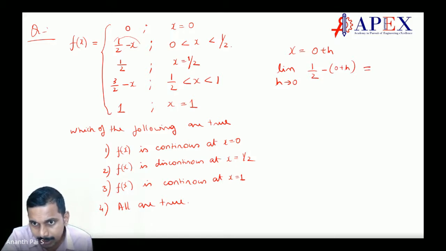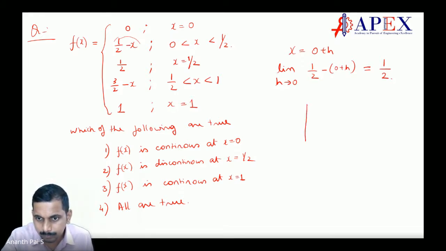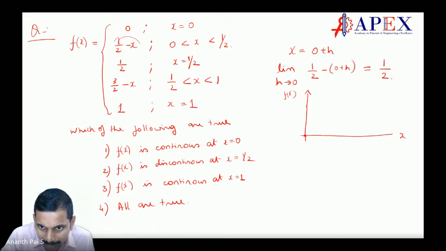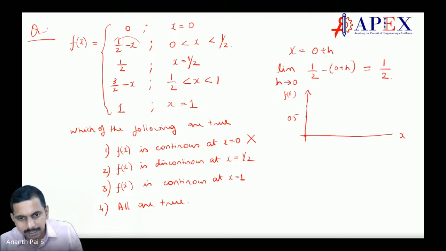The value is coming as 1 by 2. Makes sense? So at x is equal to 0, f of x is equal to 0. But as you move a bit further, it comes as half, 0.5. So it is discontinuous. So f of x is continuous at x is equal to 0 is wrong. Check x is equal to half.